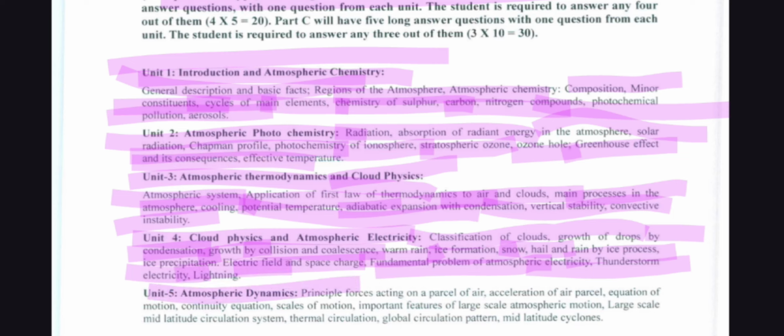So unit 5 is atmospheric dynamics: principal forces acting on an air parcel, acceleration of air parcels, equations of motion, continuity equation, scales of motion, important features of the large scale atmospheric motions, mid-latitude circulation systems, thermal circulation, global circulation pattern, mid-latitude cyclones.